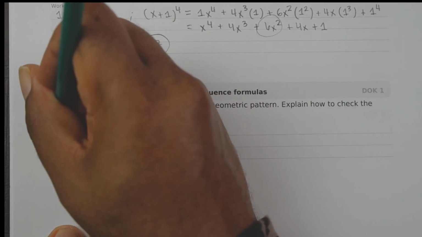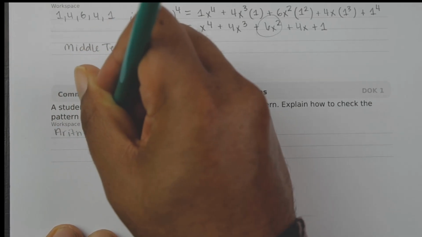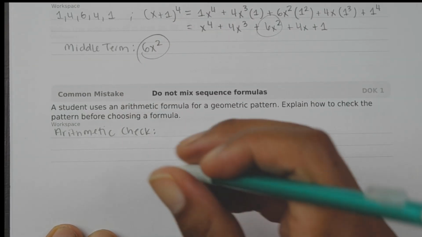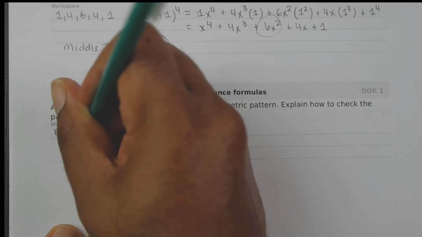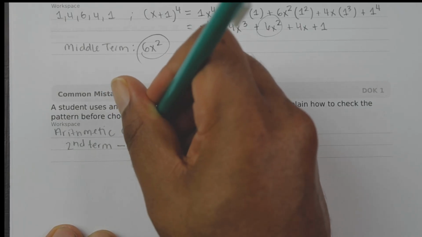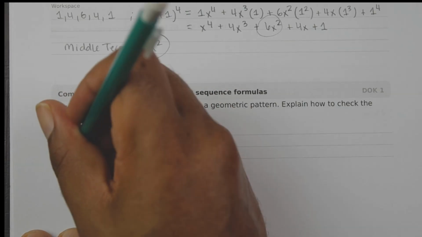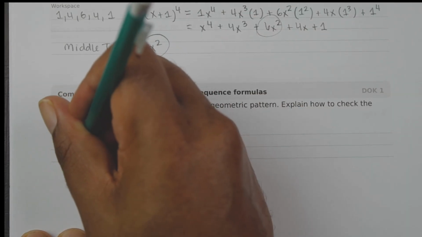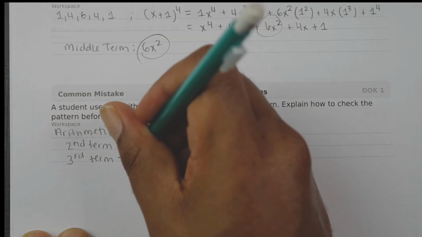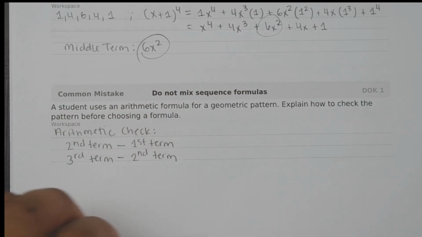So an arithmetic check is this: the second term minus the first term, and then the third term minus the second term, and so on and so forth.